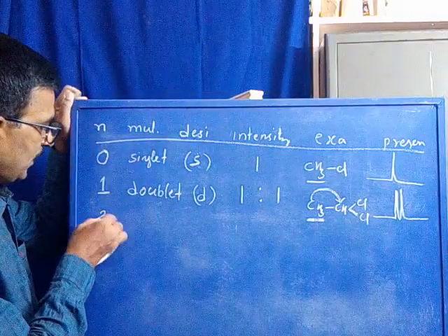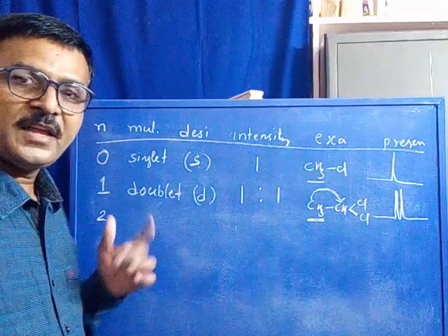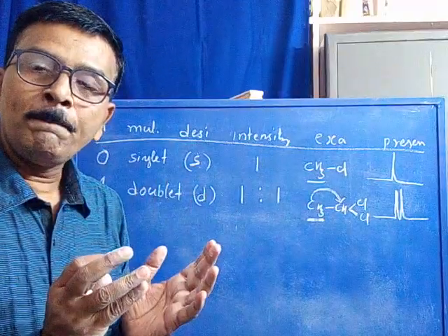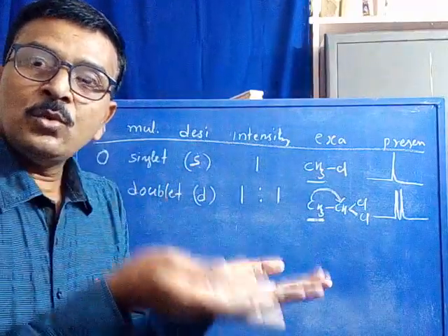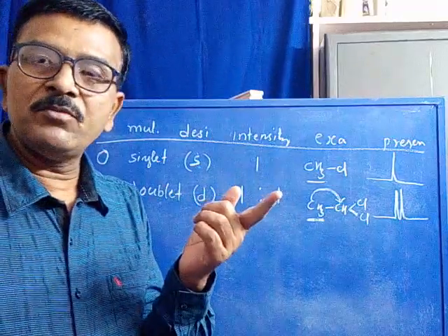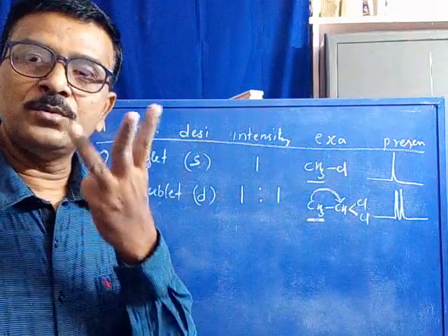Now if a set of protons has two adjacents, say n is equal to 2. If a set of protons in a molecule has two adjacent protons, that is n is equal to 2, according to the n plus 1 rule, what happens? 2 plus 1 is equal to 3 lines.